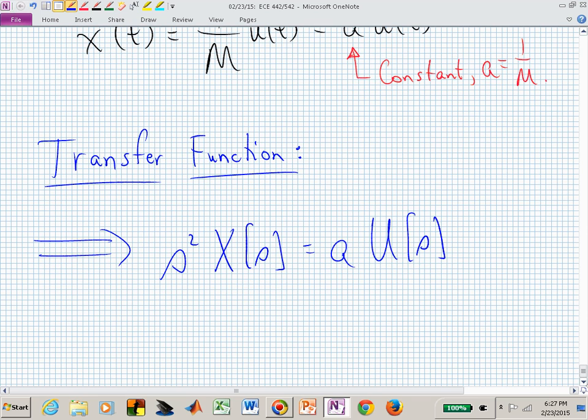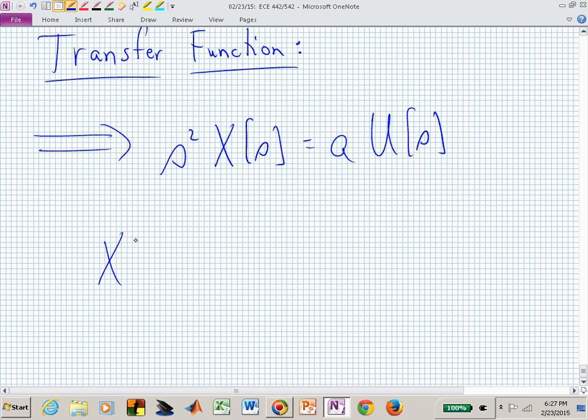This now allows us to solve for capital X of s, which is the Laplace transform of the position of that pure mass. That is now a over s squared U of s.